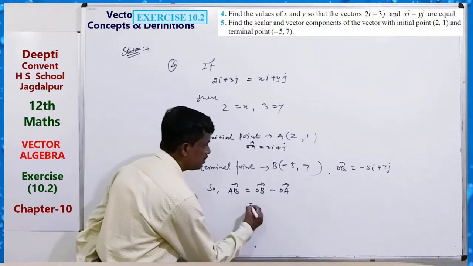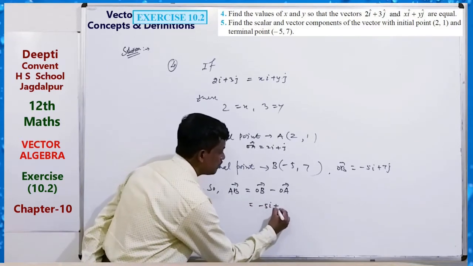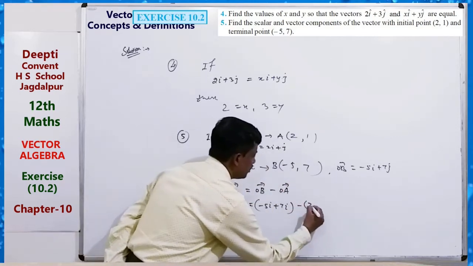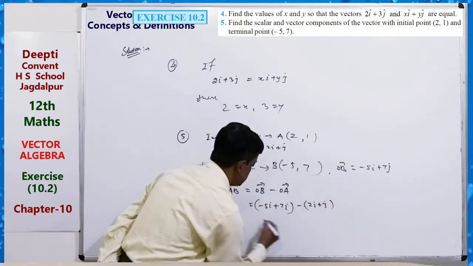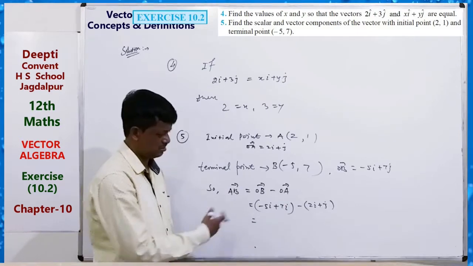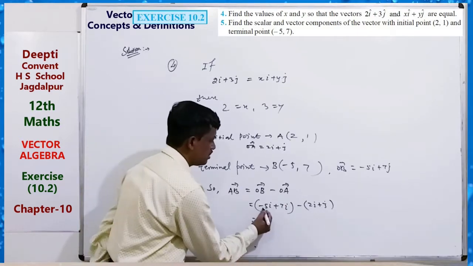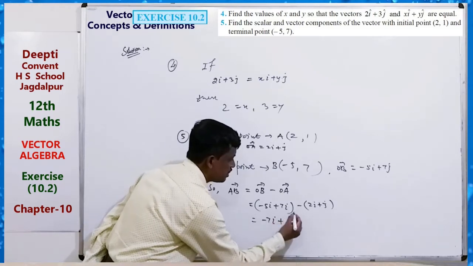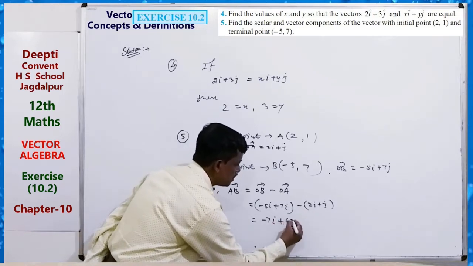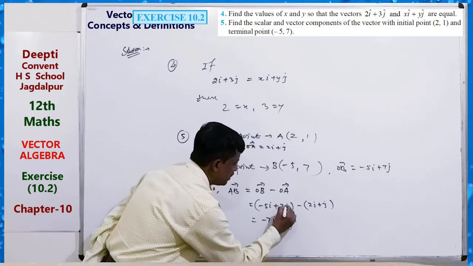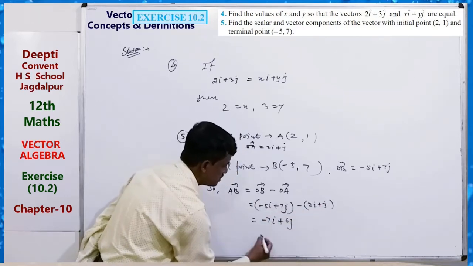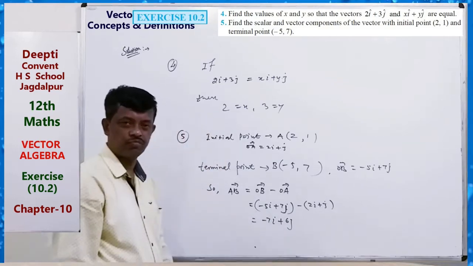So OB minus OA is minus 5i plus 7j minus 2i plus j. Just subtract: minus 5 minus 2 is minus 7i, and 7 minus 1 is 6j.